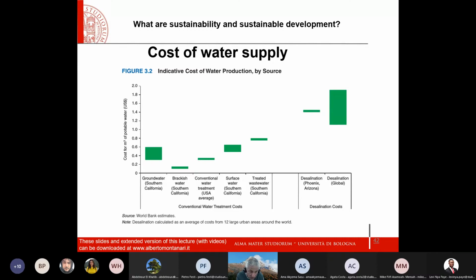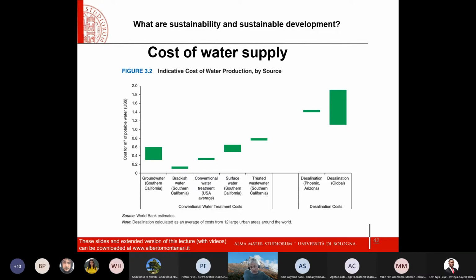Now, if you look at each single category, the first on the left is groundwater. And the height of the bar is depicting the range of variability. So you see that groundwater is a bit costly. Okay. Brackish water, brackish means water with salinity higher than normal, but still much less than the salinity of seawater, which means that with a weak treatment, you can use it.